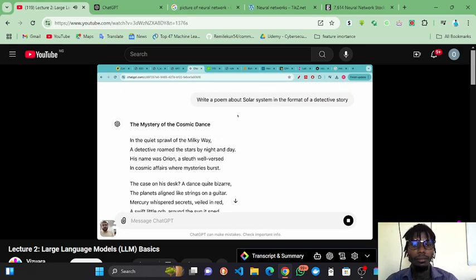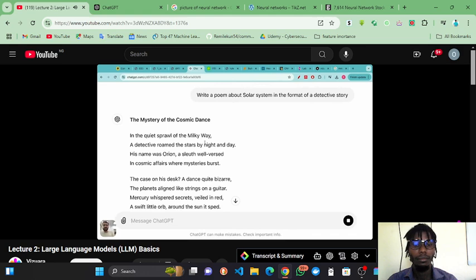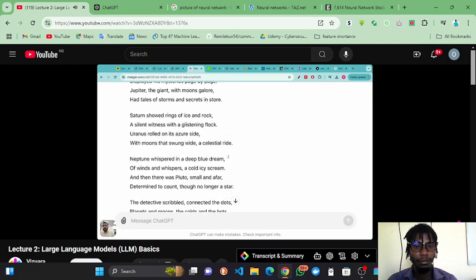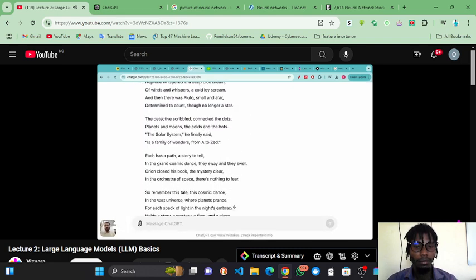So here you can see there is a poem about the solar system in a detective story format. In the quiet sprawl of the Milky Way, a detective roamed the stars by night and day. His name was Orion. In cosmic affairs where mysteries burst, the case on his desk danced quite bizarre. I won't read the full poem, but here you can see you have created new content.